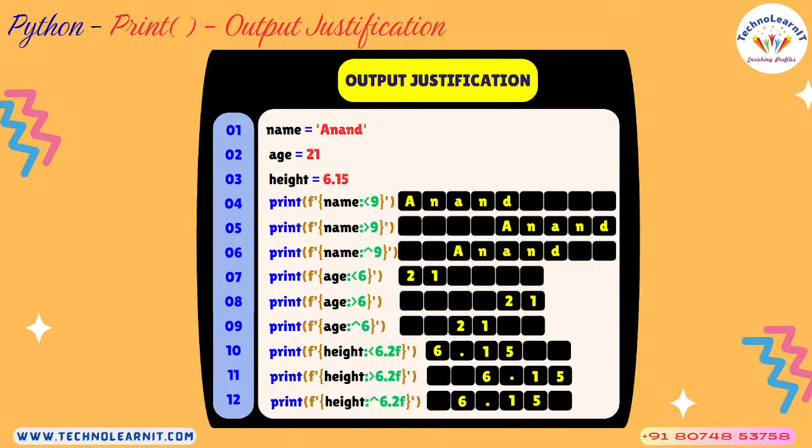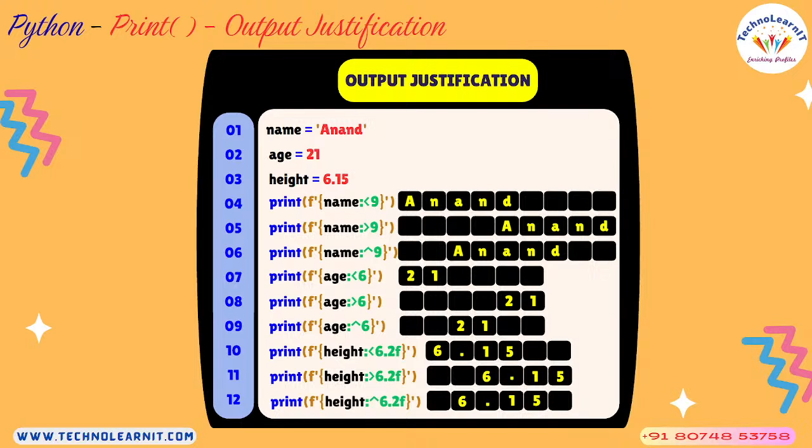Name, colon, cap symbol. Similarly, you can apply the same thing for other data types like age. Age is an integer, right? So you can use less than 6. 6 indicates reserve 6 spaces for me, right? And since age has only 2 digits, it will print on the left hand side because you used less than. When you use greater than, 21 will be printed on the right side. When you use the cap symbol, 21 will be printed in the center.